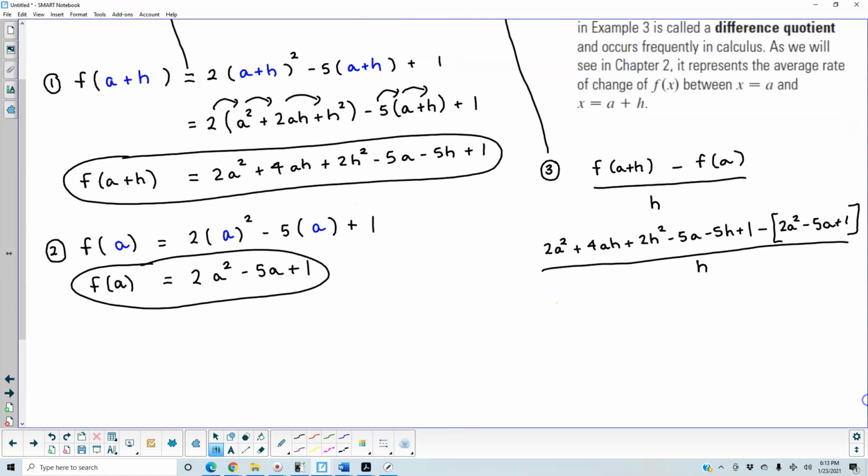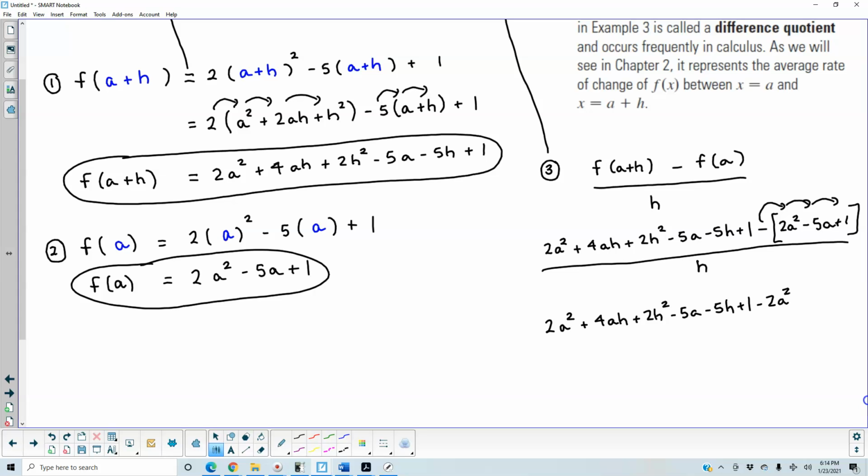So now what we need to do is distribute this minus sign. So we end up with 2a squared plus 4ah plus 2h squared minus 5a minus 5h plus 1 minus 2a squared.